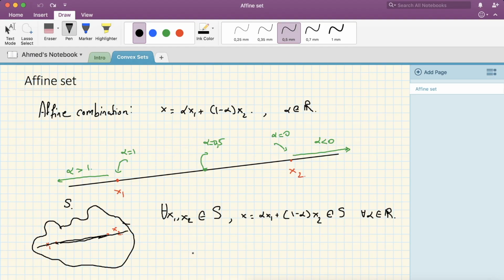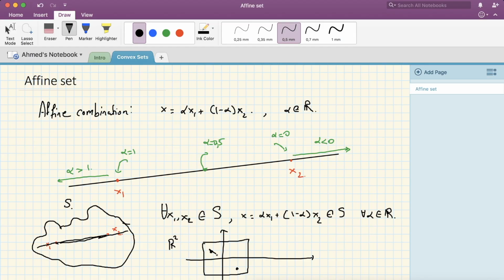Something that is not an affine set is, for example, if we're in R square, we have this xy axis, and I close off something like this square. Of course, it's not an affine set. Let's say I grab this point and this point, just to grab 2 points.